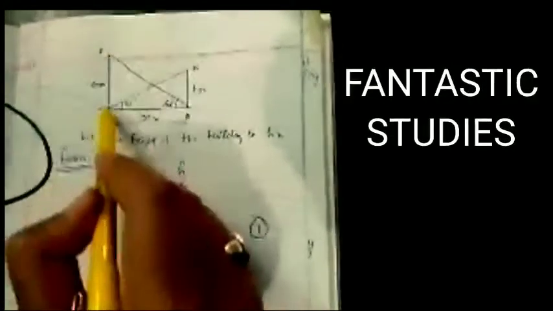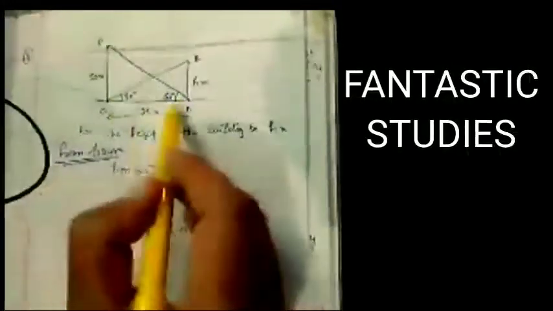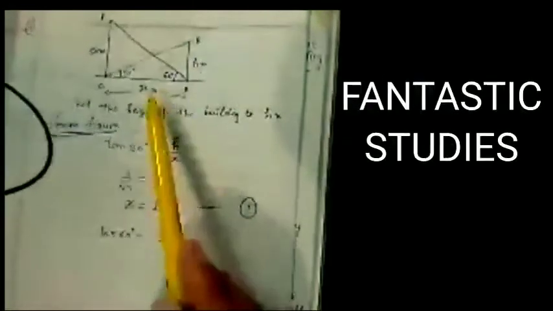Right? Now see triangle ACD, and this angle is 60 degree. So from this right angle triangle, we can write tan 60 is equal to again perpendicular by base, CD by AC. So it is 50 by X. All units must be the same. As you can see, 50 meter, and I have taken H meter and X meter. Mostly the values are given in the same unit.